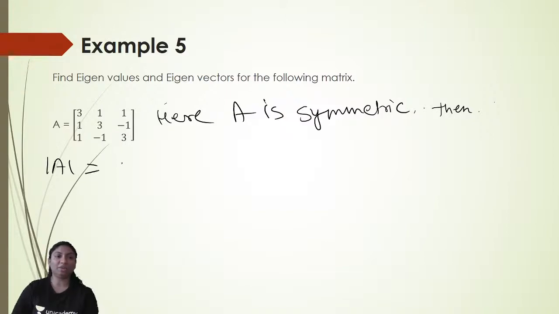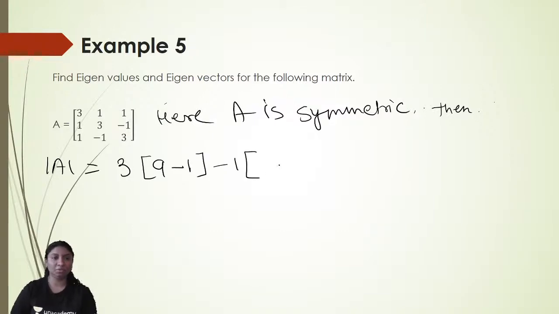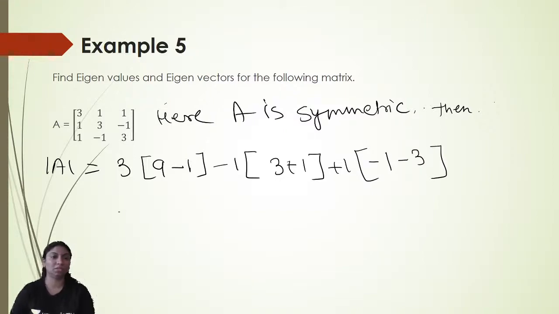So calculate the determinant of A. 3 into 9 minus 1, minus 1 into 3 plus 1, plus 1 into minus 1 minus 3. 9 minus 1 is 8, 8 into 3 is 24, minus 3 plus 1 is minus 4, minus 1 minus 3 is minus 4.